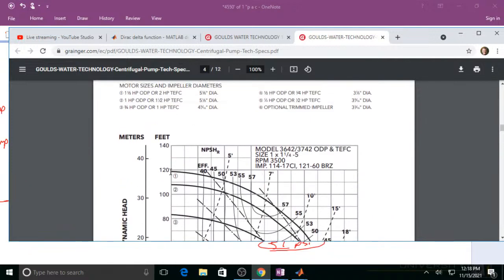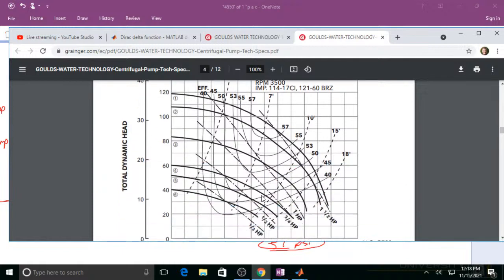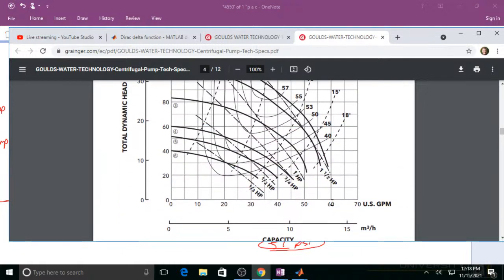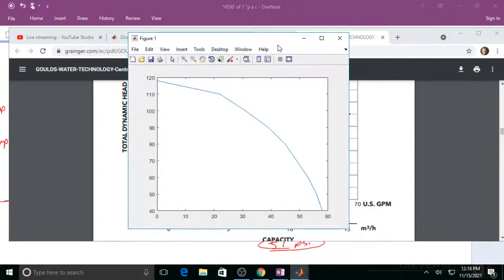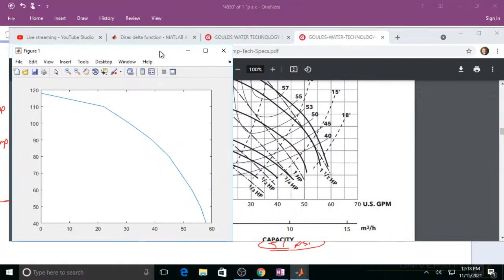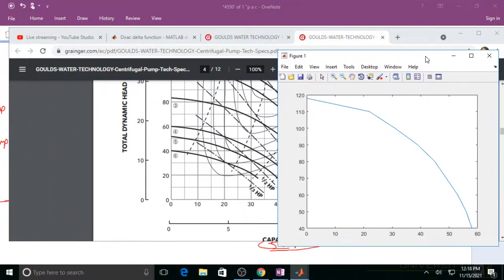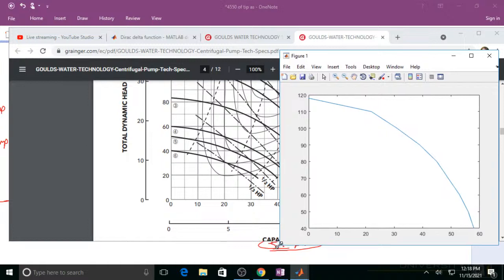So it looks like I got about 120 drops off. And let's see. Do I drop off to like 60 at 60 gallons per minute? How do I put my curve up there next to it? 60, that looks pretty close.